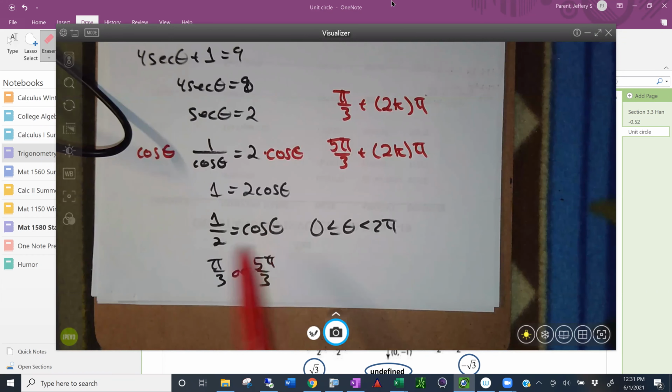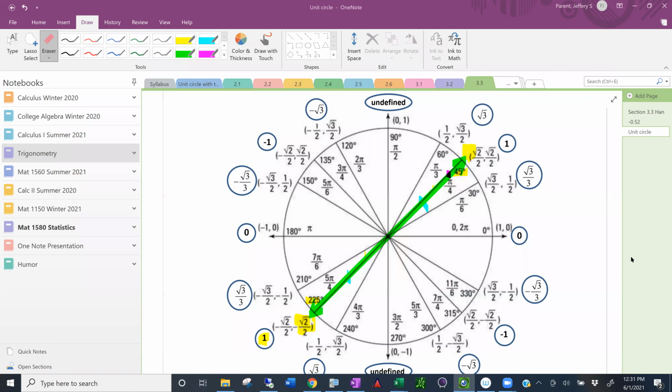Good question. Cosine is which coordinate on the unit circle? The x coordinate, right? So let me erase some of this stuff here and focus in on the x coordinate. I want an x coordinate of 1/2, so that's going to be right up here at pi over 3.